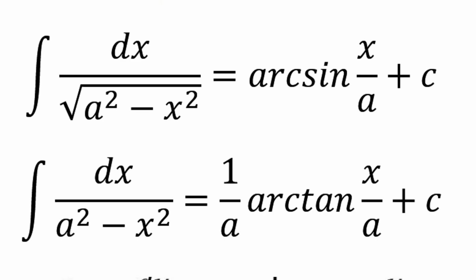The only difference between these formulas is that the arcsine has the square root in the integral, while the arctan has 1 over a in the answer. Also, keep in mind to use substitution to simplify the integrals as much as possible. Now, let's solve some examples.